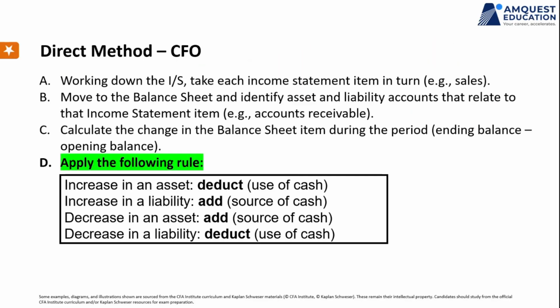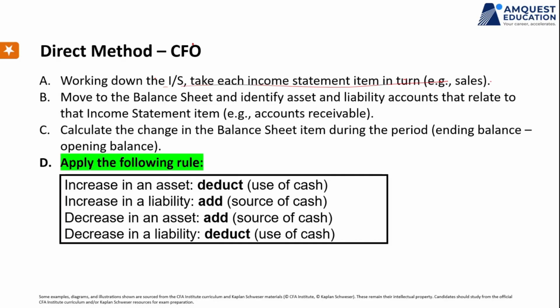Let's look at direct method. When we say direct method, working down the income statement, take each income statement item in turn. For example, cash receipt from customers, cash paid to vendors, right? So if you're doing a direct method, you walk down the income statement, then move to the balance sheet and identify asset and liability accounts that relate to that income statement item.